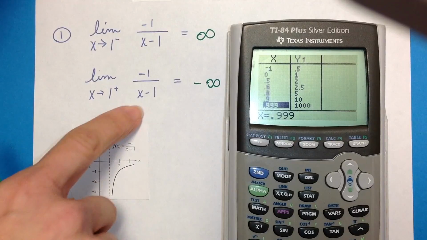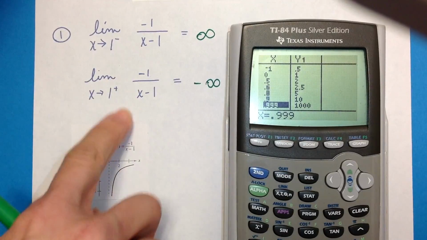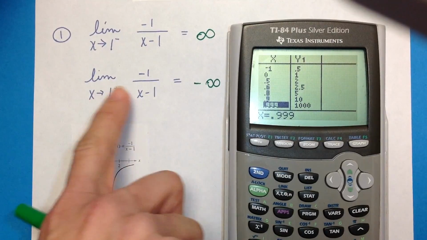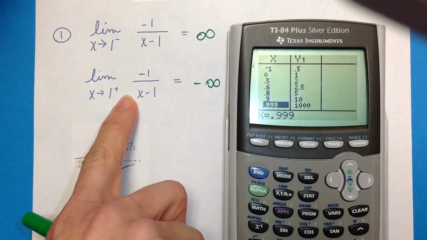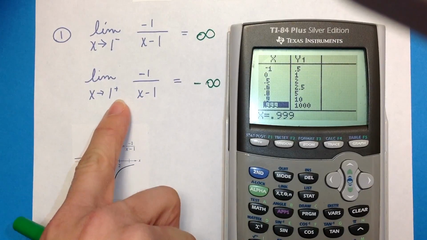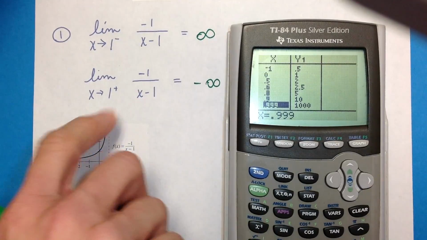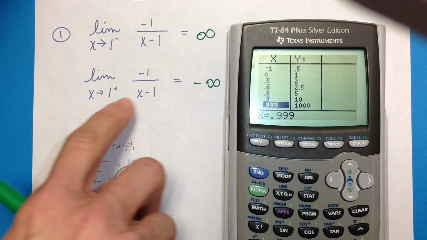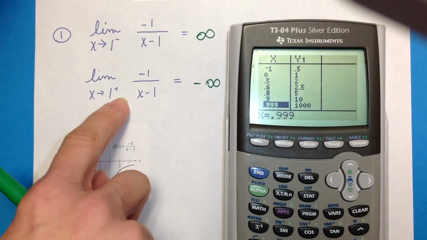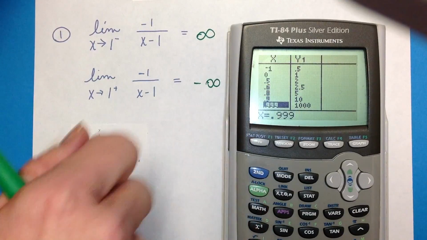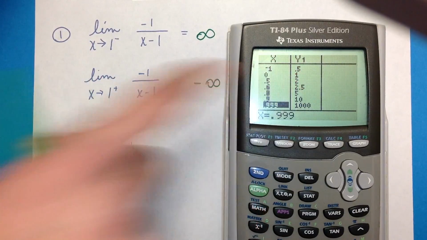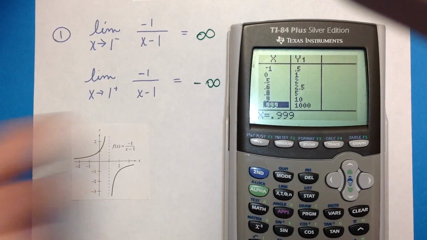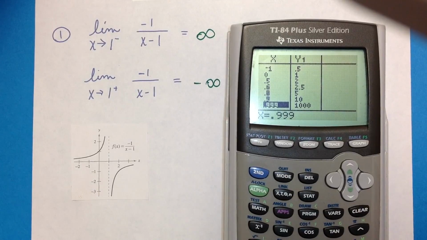I'm not going to take time to do it, but I could do the same thing from the right side and do like positive 2 and then 1.5, 1.4, 1.3, 1.1. And what you would see happening with your y values in that case is that they're getting smaller with each one of those. That would indicate the negative infinity.